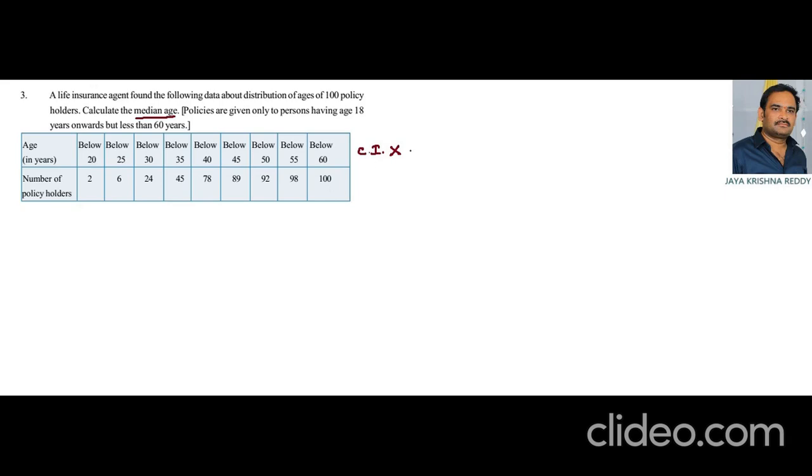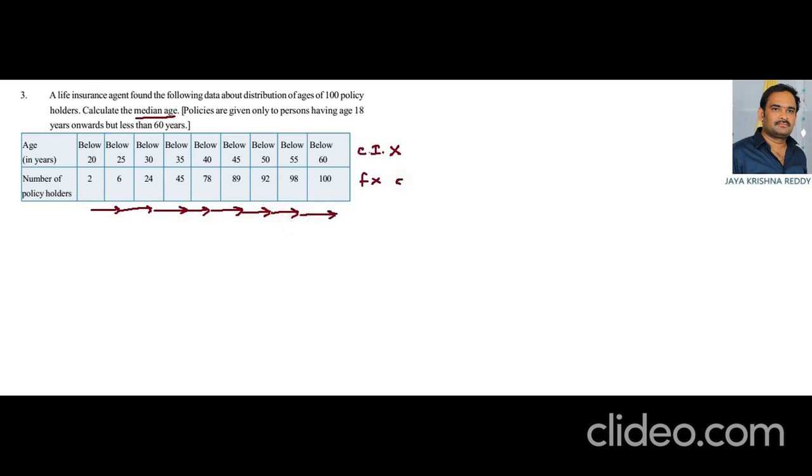Whenever the first row is not class intervals, the second row is also not frequency values. If we observe, these values are increasing: 2 to 6, 6 to 24, 24 to 45, 45 to 78, 78 to 89, 89 to 92, 92 to 98, and 98 to 100.